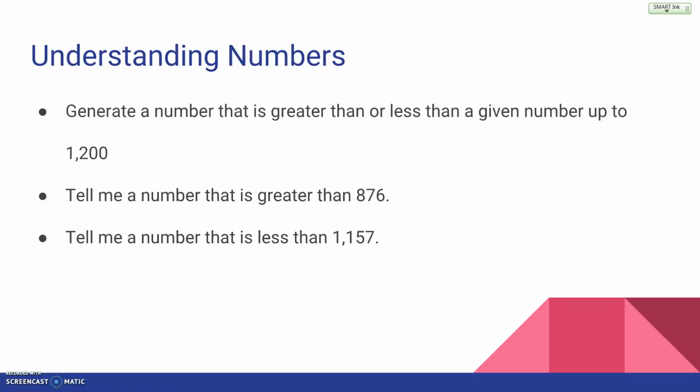So that demonstrates their understanding of the order of numbers and how they compare with each other. You might ask them to tell you a number that is less than 1,157. Again, there's a lot of different responses they could give. So that's another skill that we want the students to develop as they're working on their number sense and starting to use the operations of addition and subtraction.